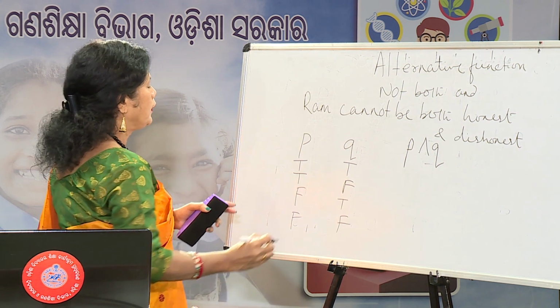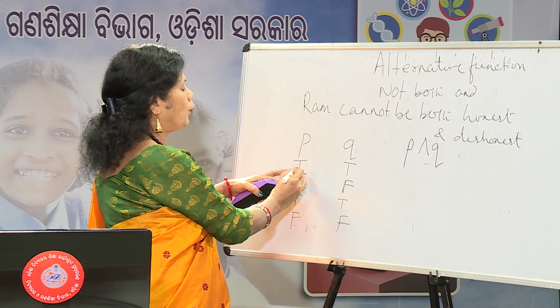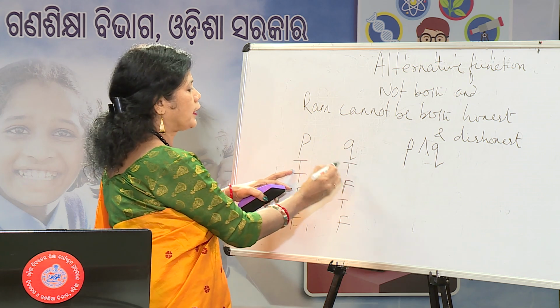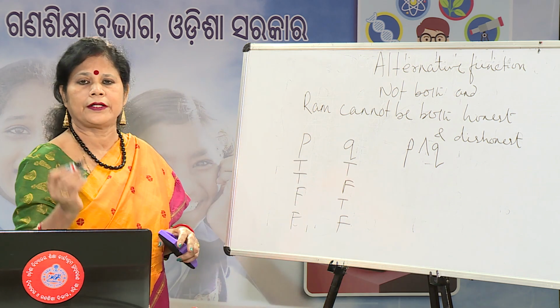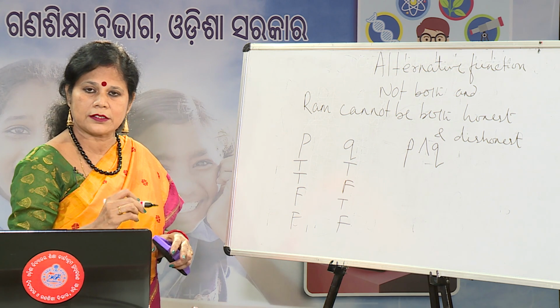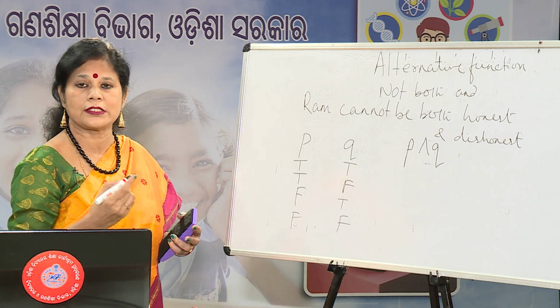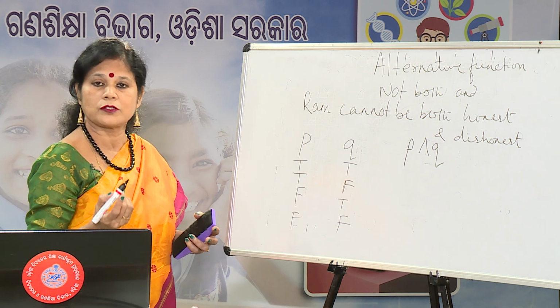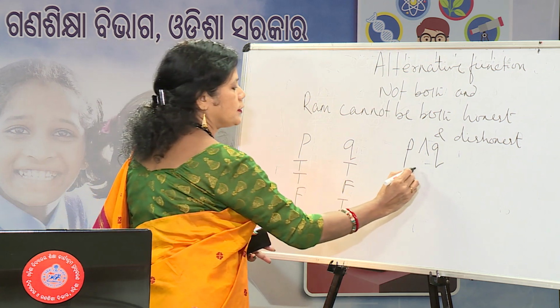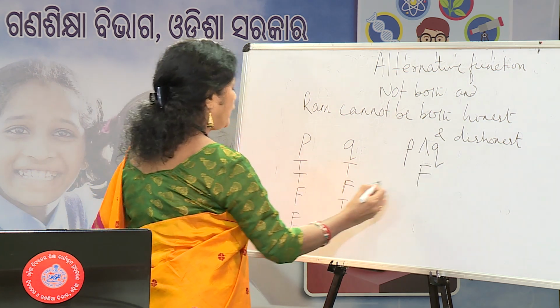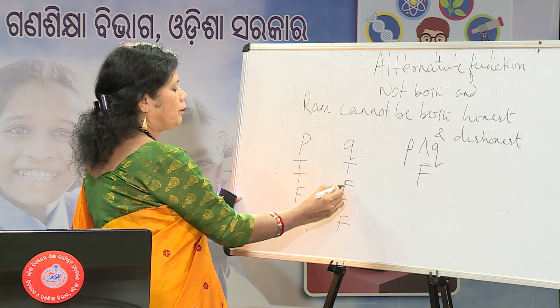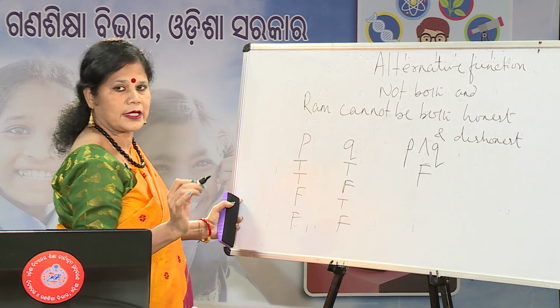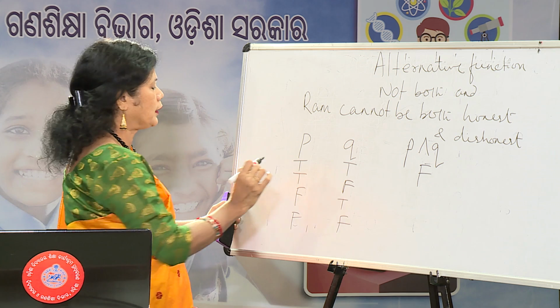Okay. Ram is both honest and dishonest. Can Ram be both honest and dishonest? No. He cannot be both honest and dishonest. So this is false. Ram is honest, but Ram is not dishonest. Okay. Ram is honest is true.